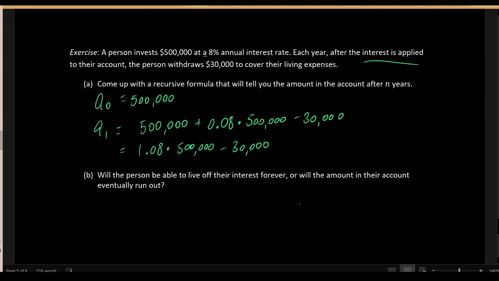Now in the next year, we're going to do the same process, except instead of working with a_0, we're going to be working with a_1. So a_2 can be found by applying the interest to however much is in my account after year 1, and then taking off what I need for the living expenses.